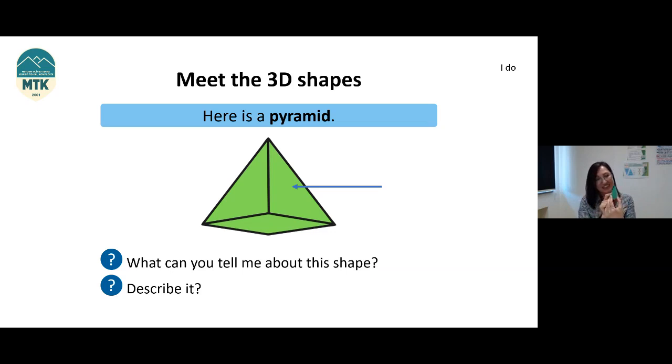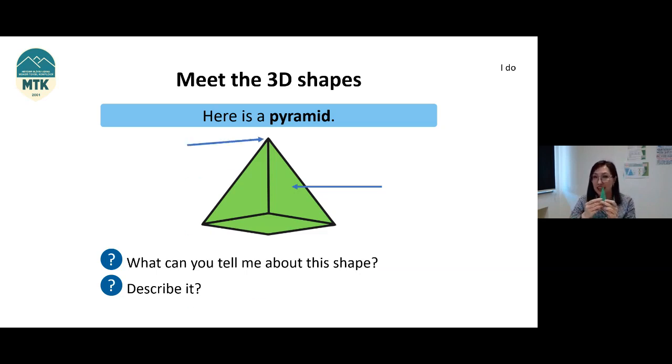And what shape is that face? What shape does it remind you of? What 2D shape does it look like? It looks like a triangle. Okay, so how many triangular faces does it have? 1, 2, 3, 4. So the pyramid has 4 triangular faces.